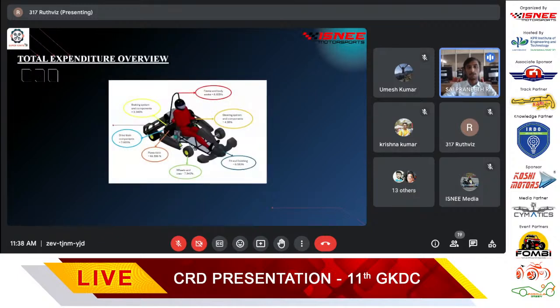The total expenditure of the vehicle is around 2.2 lakhs, and it includes different departments like frame and assembly, steering system, bodyworks, wheel assembly, powertrain and drivetrain, and braking system. The braking system includes the calipers, brake disc, brake hub, and brake pedal too.